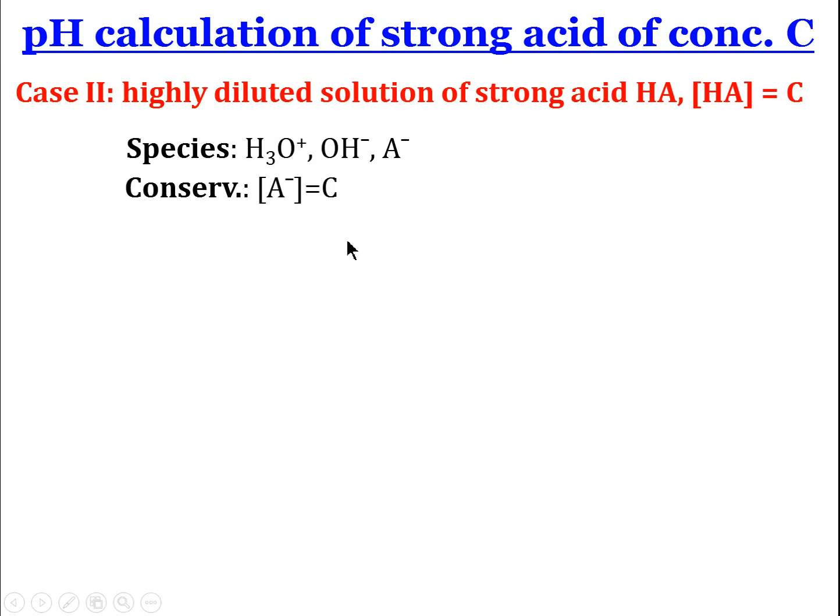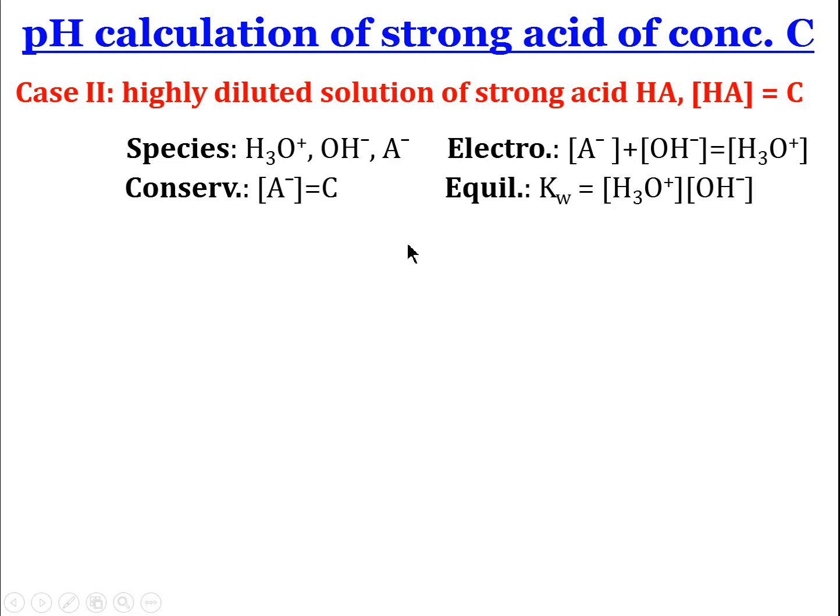The conservation of species indicates that A minus is equal to C, since A minus has one source, which is the complete dissociation of HA. H3O+ has two sources, H3O+ from the dissociation of HA and H3O+ from the autoionization of water. The electroneutrality principle: [A-] plus [OH-] equals [H3O+].